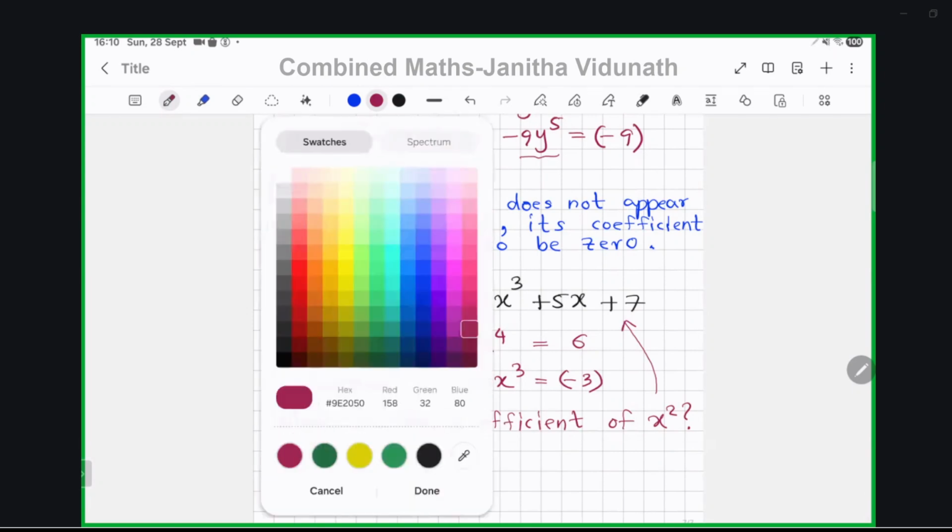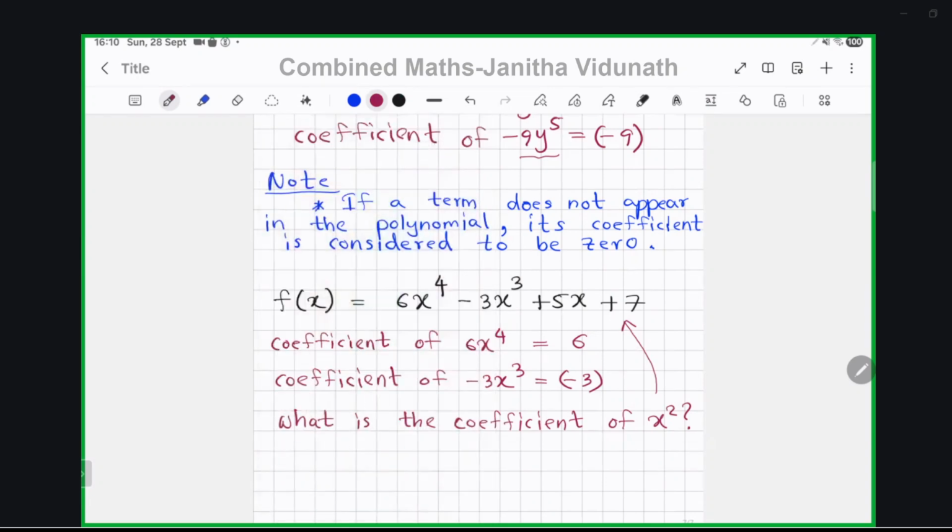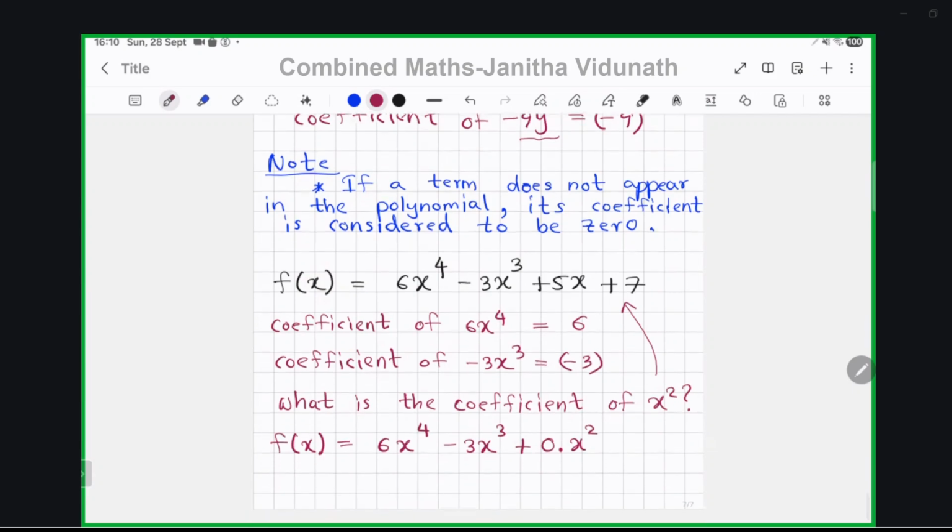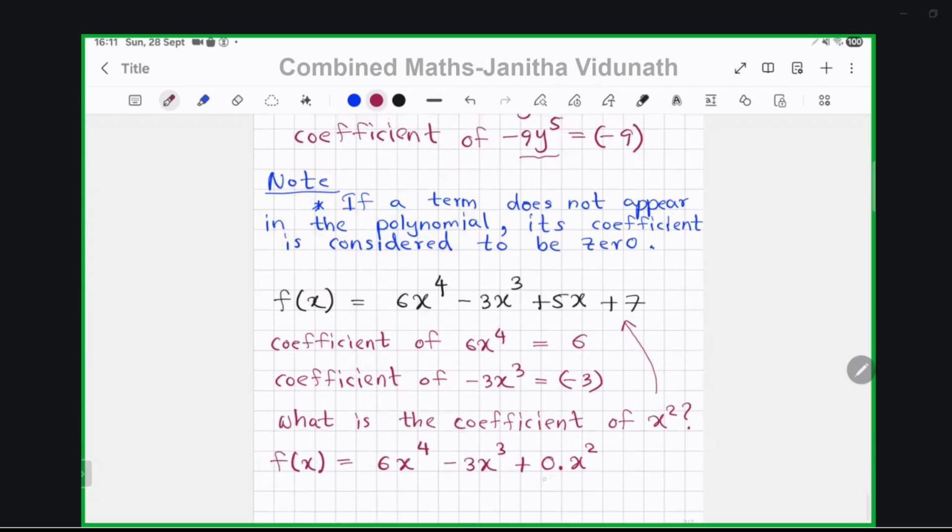But we can simply rewrite this polynomial like this: 6x to the power 4 minus 3x to the power 3 plus 0 times x square plus 5x plus 7. We already know 0 times some value is 0.